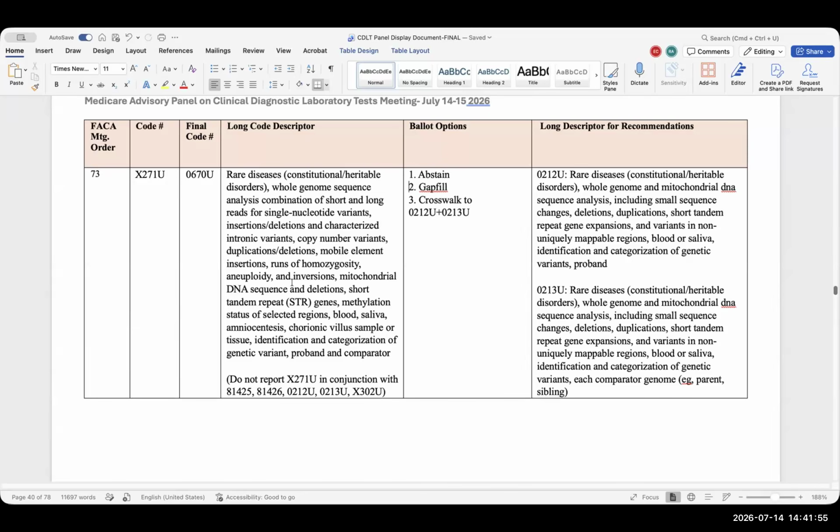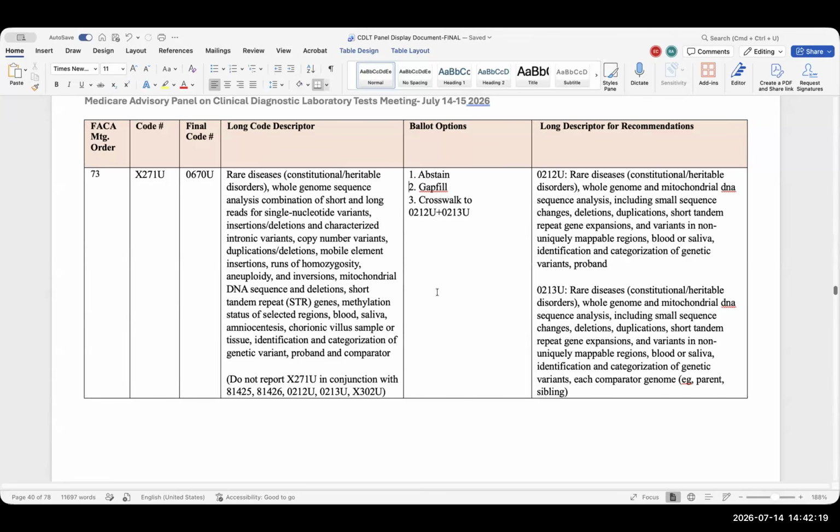For this specific one, 73, which is represented right now, this is for rare disease whole genome sequence analysis, a combination of short and long reads. And this is for blood, saliva, amniocentesis, and CVS. So this is not just for prenatal samples. This is for everything, basically the combination of short and long reads.